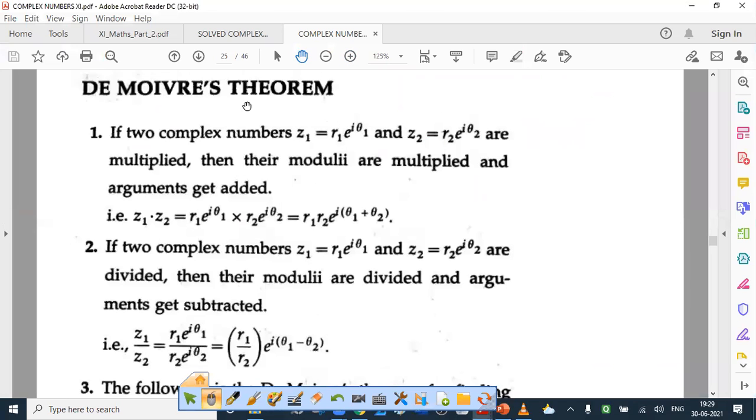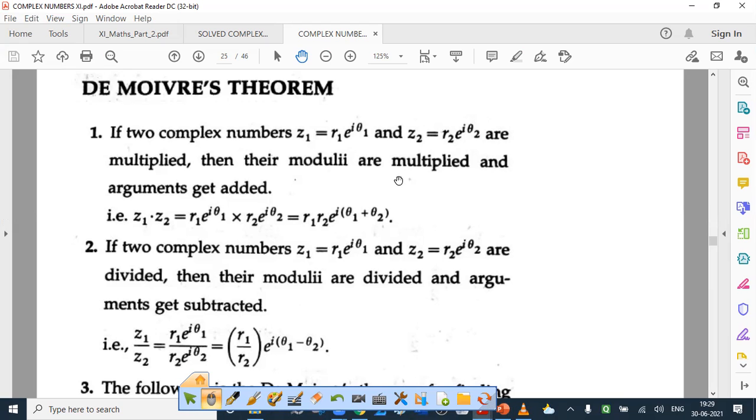Now, this part is important. If two complex numbers z1 equal to r1 e raised to i theta 1 and z2 equal to r2 e raised to i theta 2 are multiplied, their moduli are multiplied. See how to find z1 z2. It is r1 r2, but r1 is modulus of z1. I hope you remember this exponential form. r2 is modulus of z2.